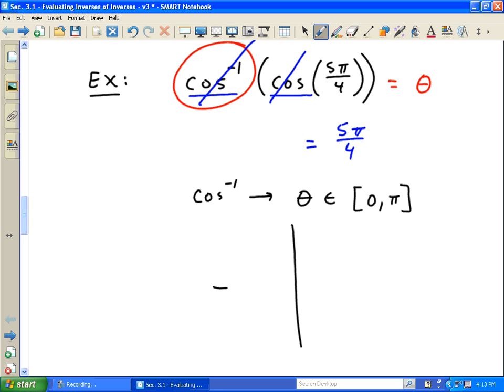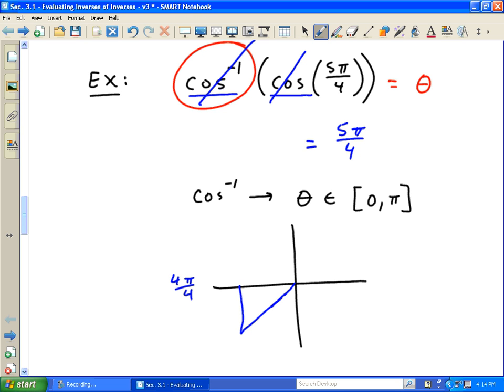Okay, and if we draw 5 pi over 4, that's a 45-degree reference angle. And let's find out here where it's located. Okay, 4 pi over 4 would be right here. 5 pi over 4 then would be in the third quadrant.